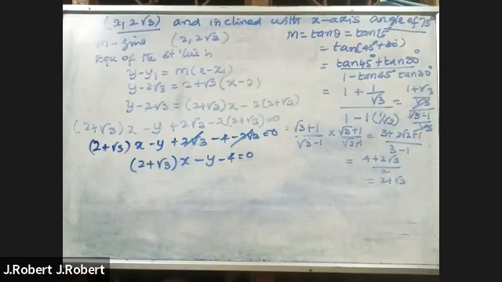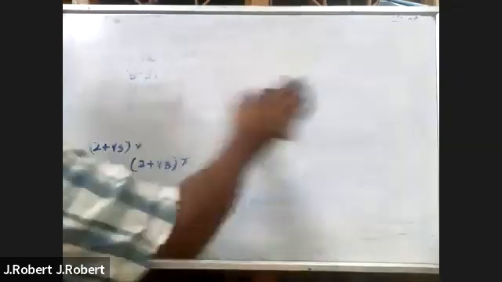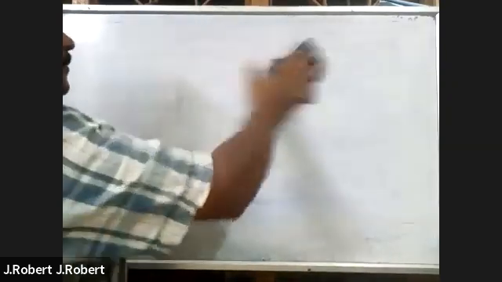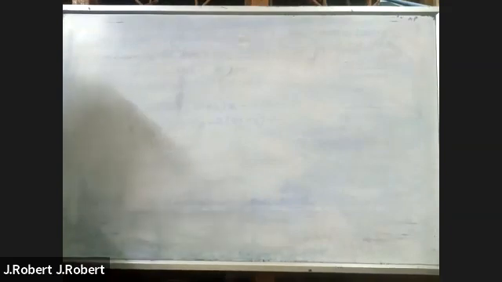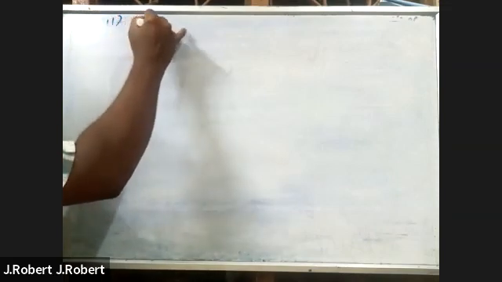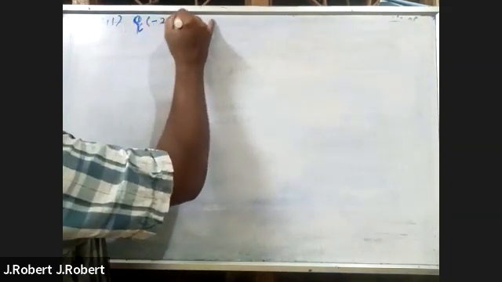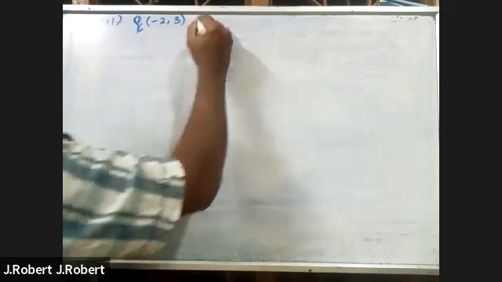The next one. The vertices of a triangle PQR are P of 2 comma 1, Q of minus 2 comma 3, and R of 4 comma 5.